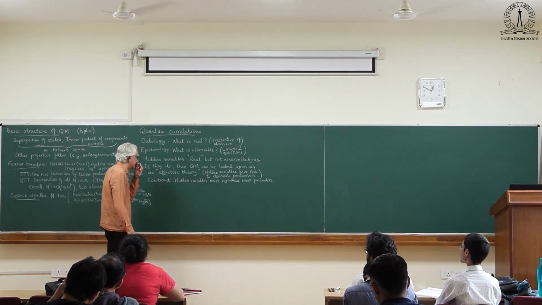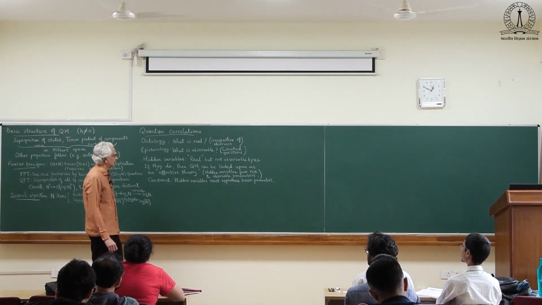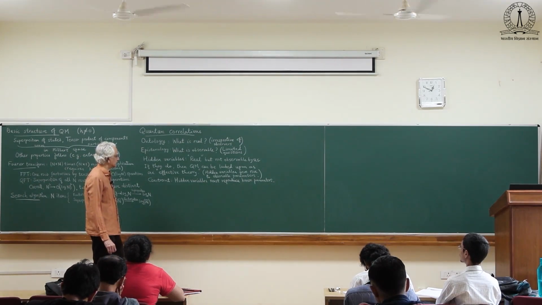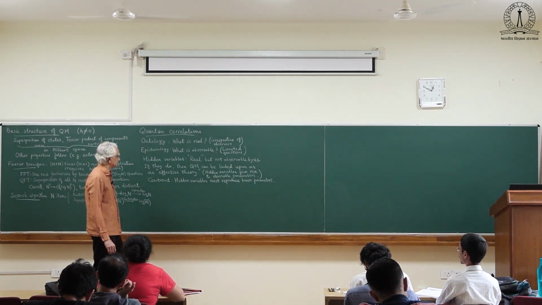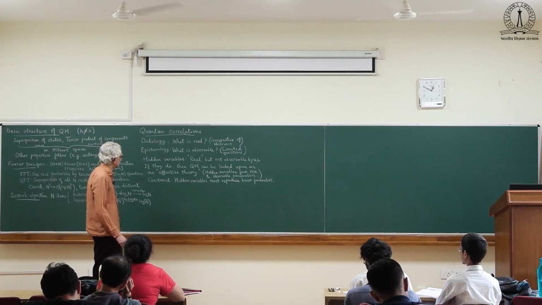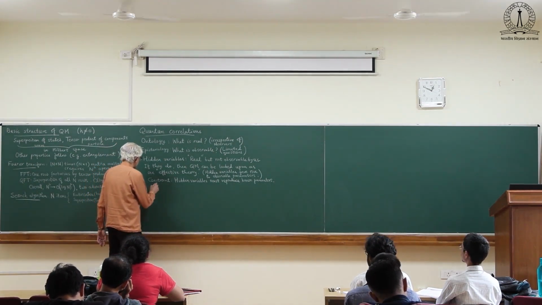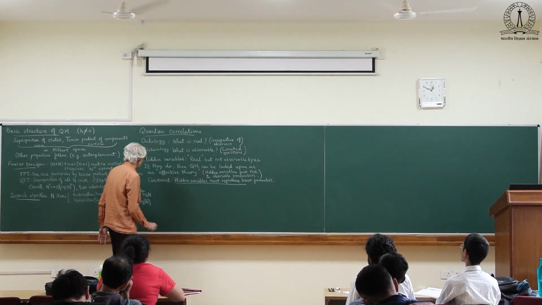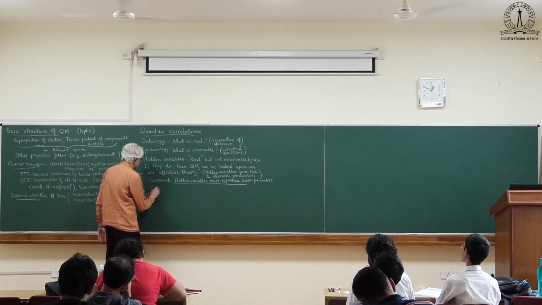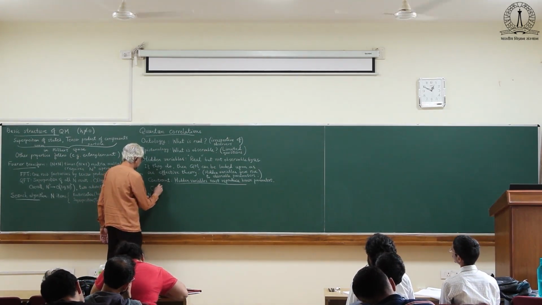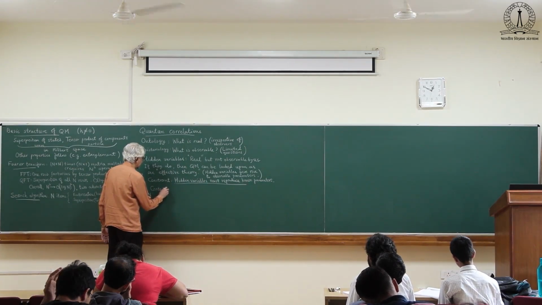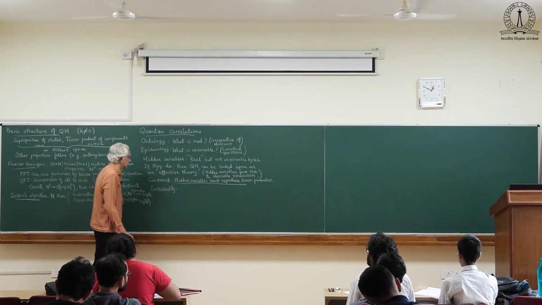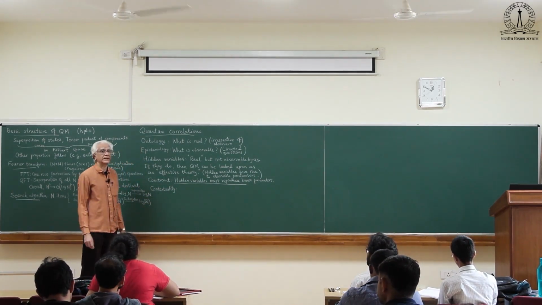Okay, so now I have to give a specific example. This is just a background. So one of these constraints refers to what is called contextuality.